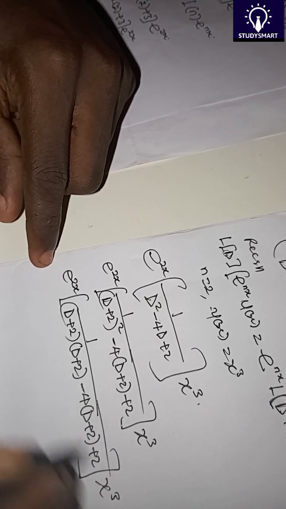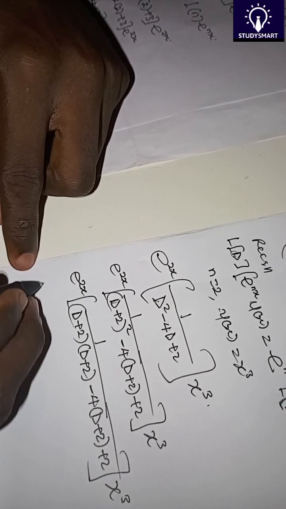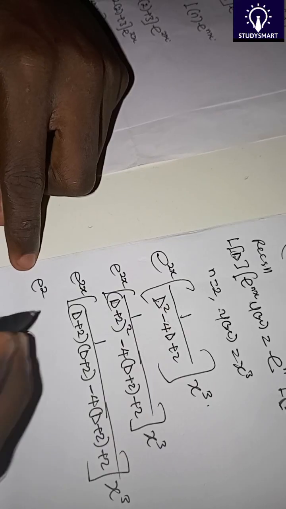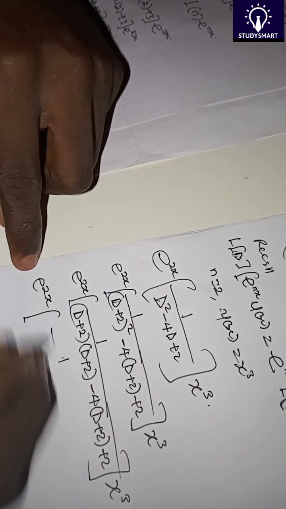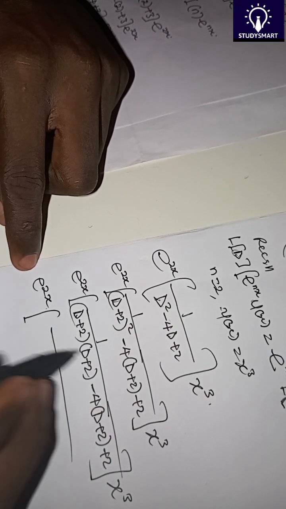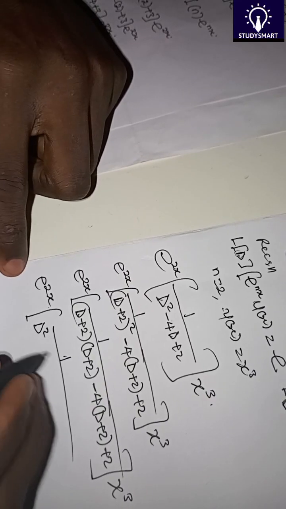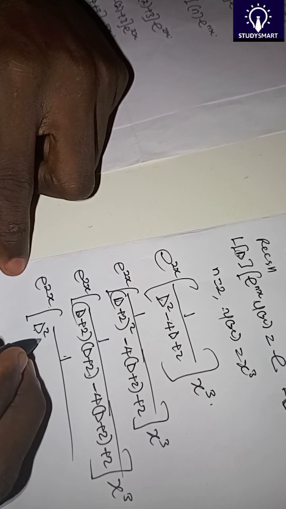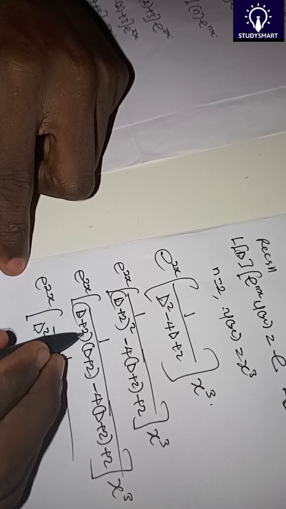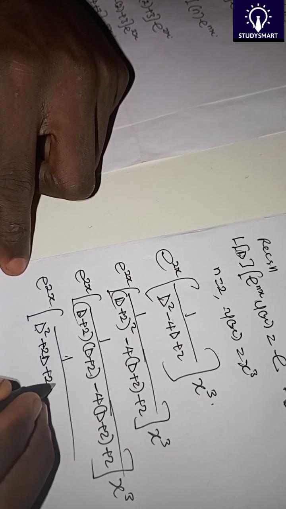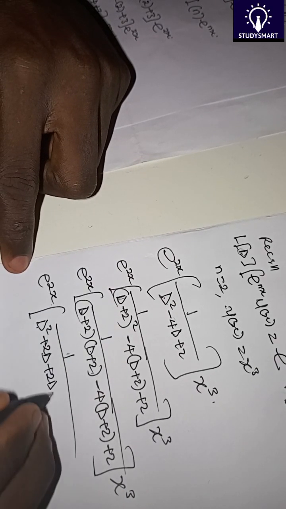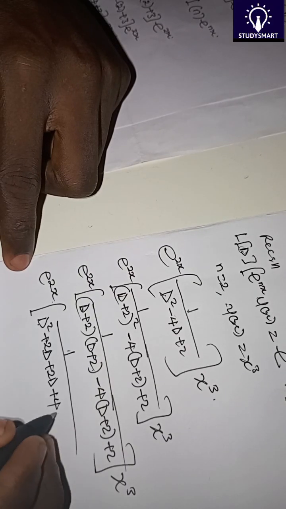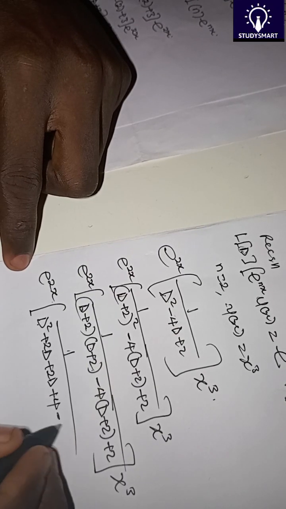Then outside, I have my x cubed here. So from this point, I will have exponential 2x here, then 1 over: D times D gives me D squared. D times 2 gives me plus 2D. This times this gives me plus 2D. 2 times 2 gives me 4. Then I have minus 4 times D gives me 4D.